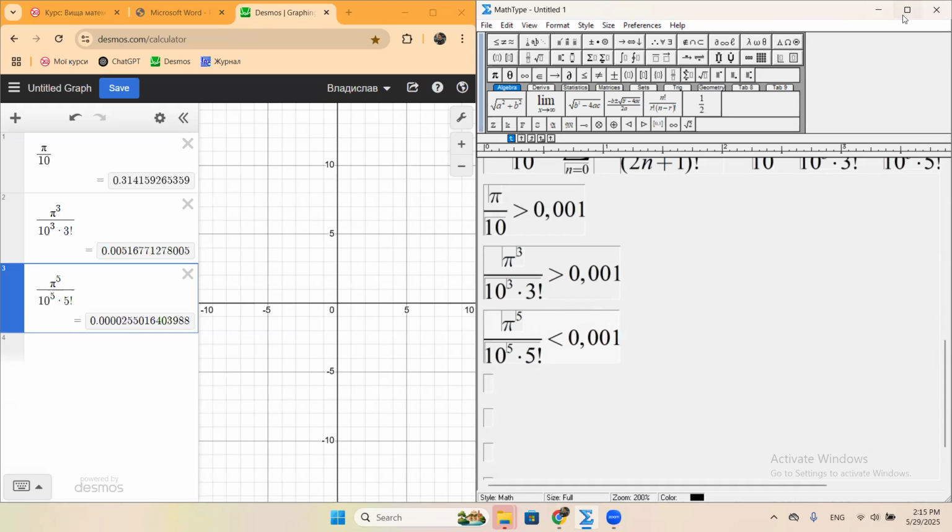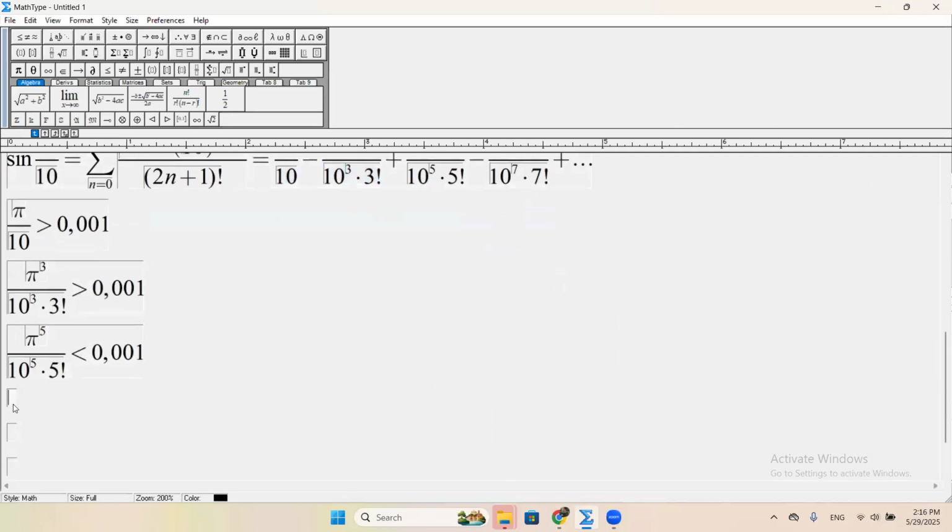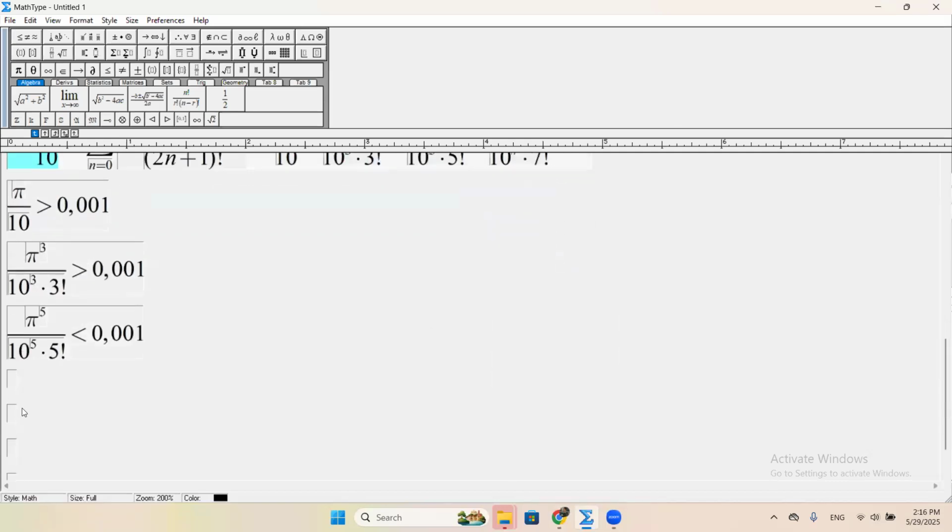So it means that it will be enough to calculate only these values. So sine of p over 10 will be approximately equal to these values.